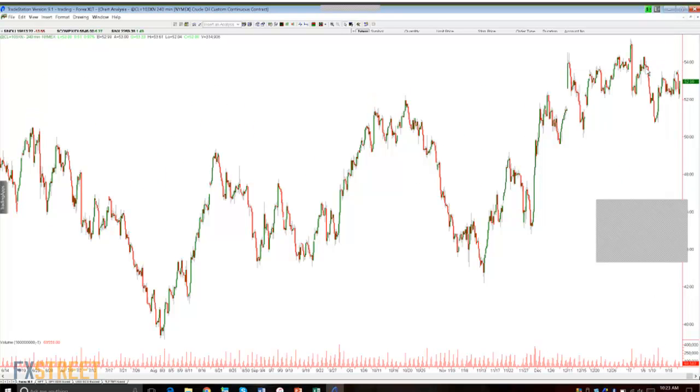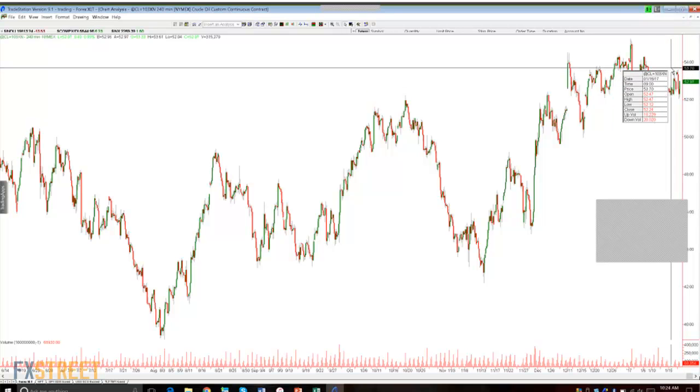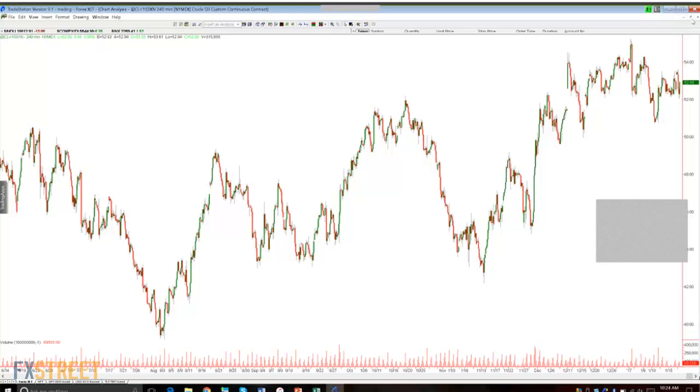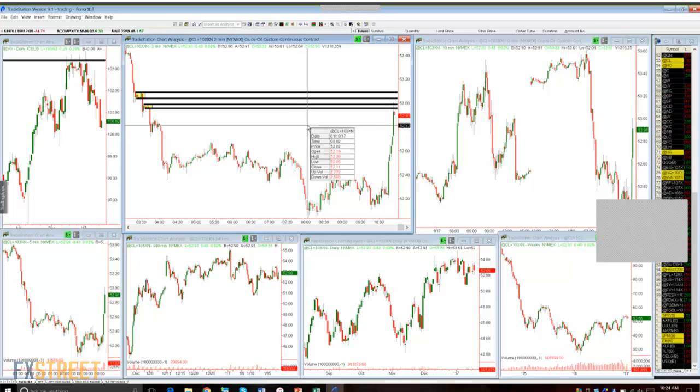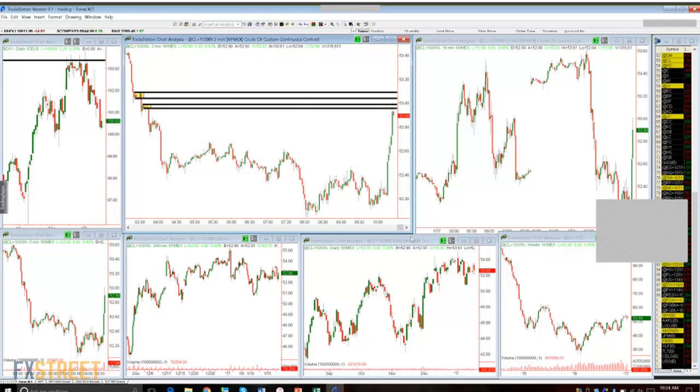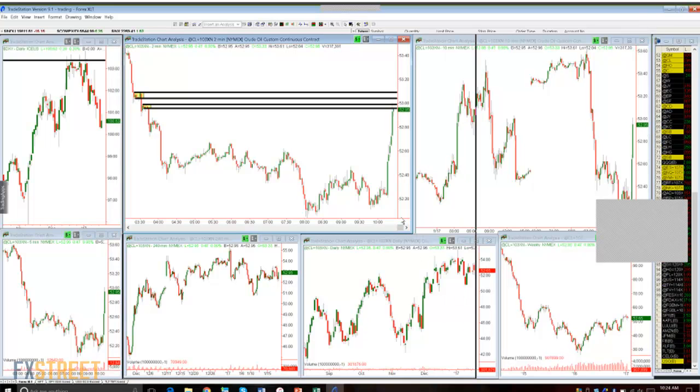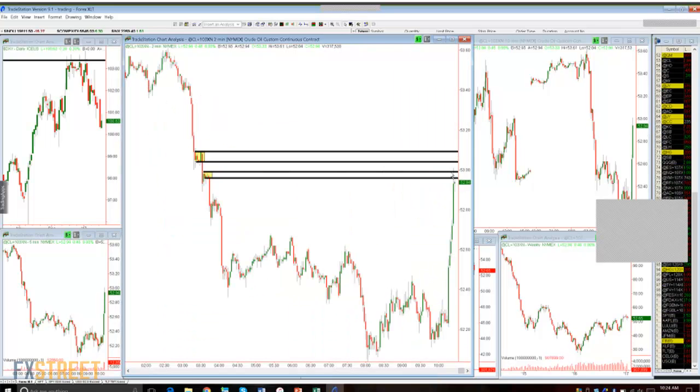We had a great level up here we were looking at yesterday and today at Online Trading Academy, the 53.70. The price could barely get there this morning, barely. All right, so you can see what oil's done now. This is why, like I said, we had these two levels on the grid.